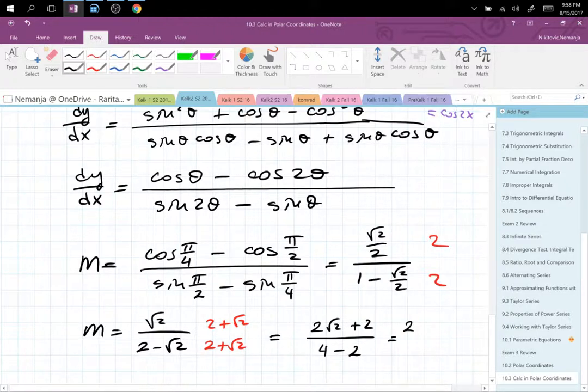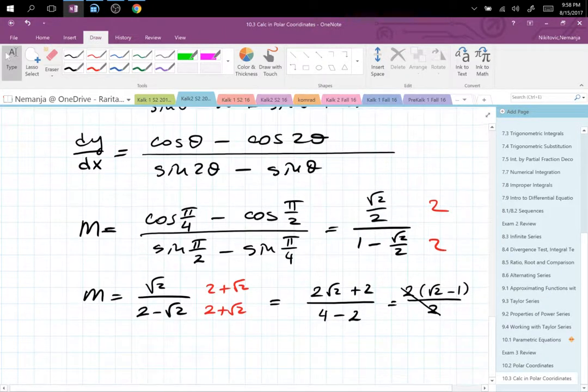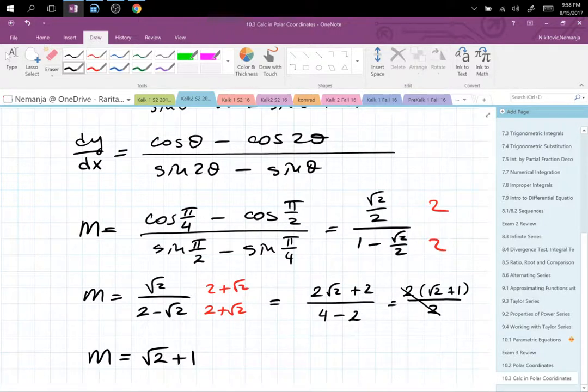Factor out 2 on top. Bottom is 2. They cancel. That's what I said. Please pay attention. And we have our slope, root 2 plus 1. Now, if you are crazy for decimals, you can go and put 2.41 if that makes you happy.